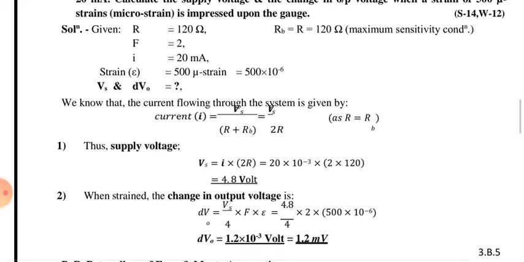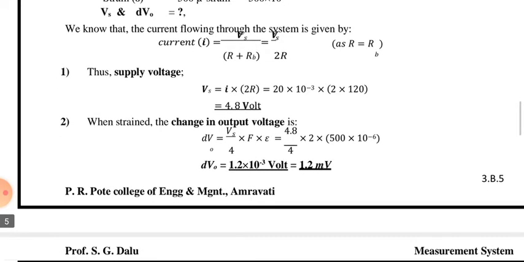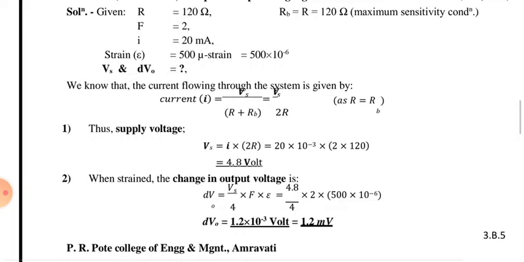So output voltage dVo equals 1.2 into 10 to the power minus 3 volt, equal to 1.2 millivolt. Likewise we can calculate the output voltage and supply voltage.